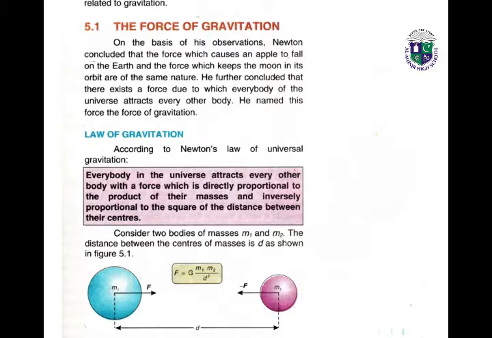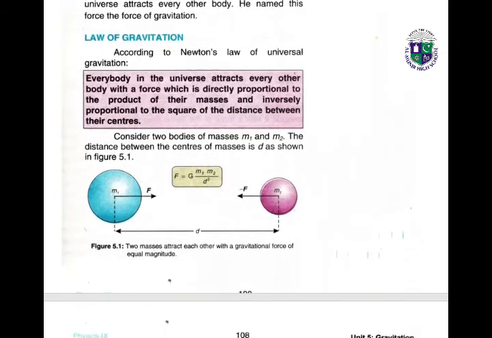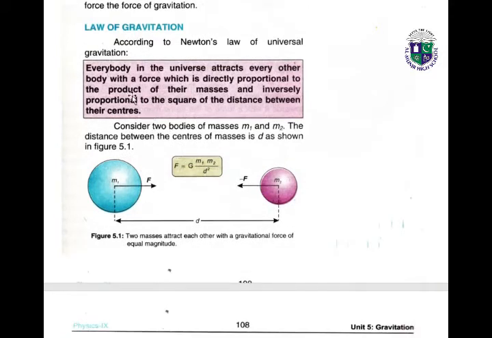So according to his law, here we have this pink box. According to Newton's law, every body in the universe attracts every other body with a force which is directly proportional to the product of their masses, here m1 and m2, and inversely proportional to the square of the distance between their centers.